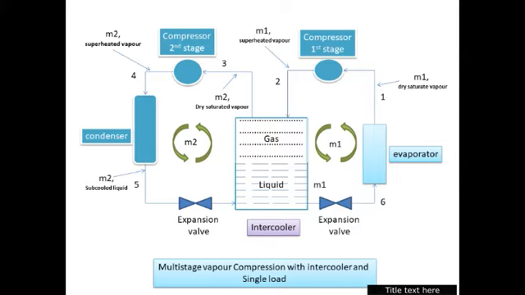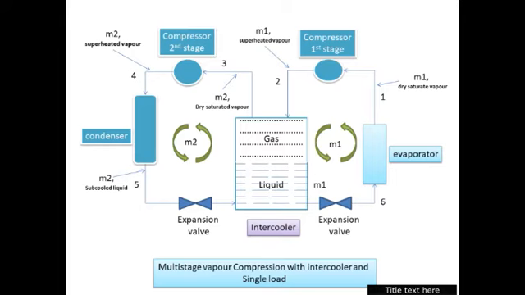From point 1, it will enter the first stage compressor. The compressor will do work on the dry saturated vapor and convert it into superheated vapor. The superheated vapor will go to the intercooler gas side from point 2.